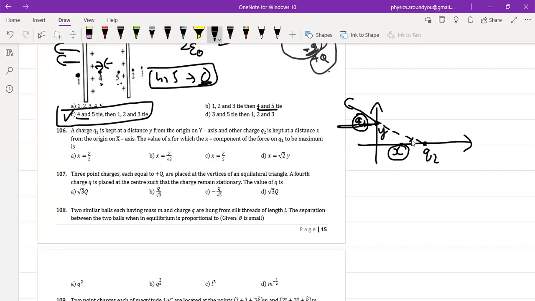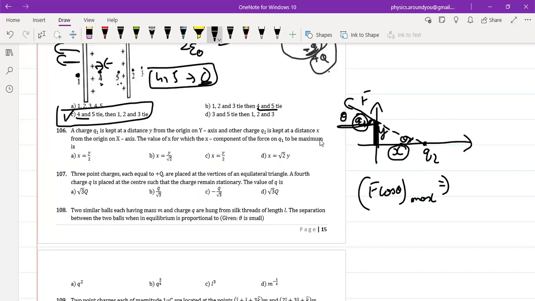Horizontal component means if this is theta, this angle will also be theta. Let the force be F. I need F cos theta to be maximum. And what is fixed? Y is fixed.